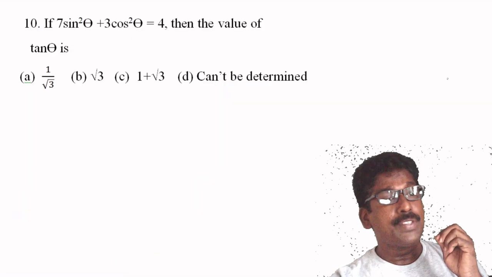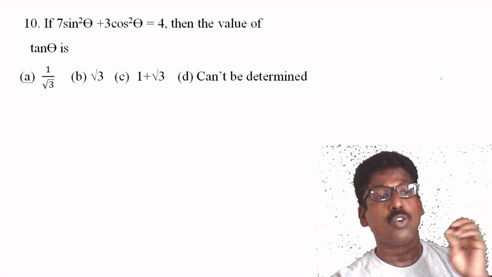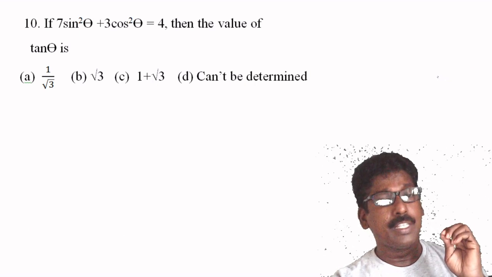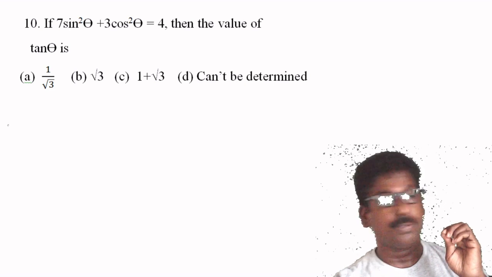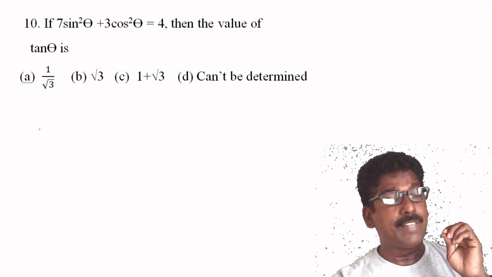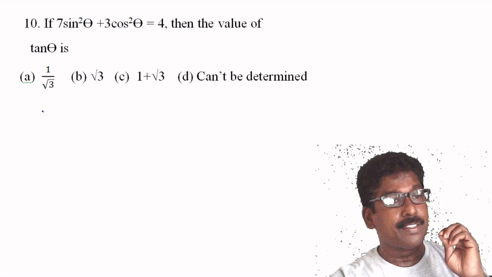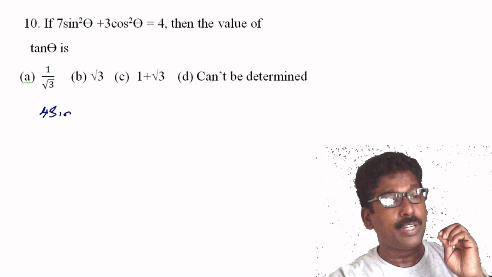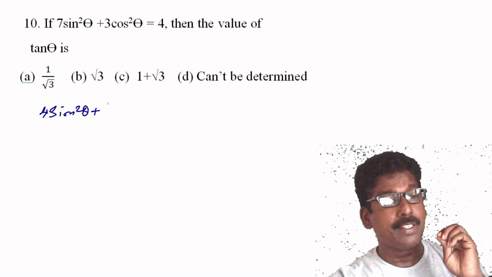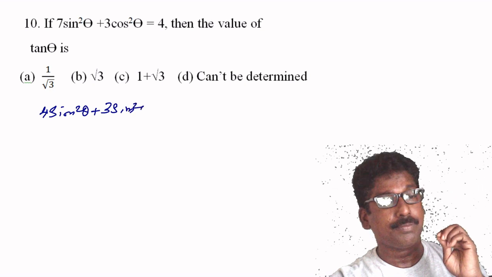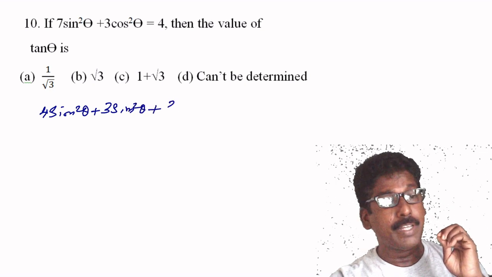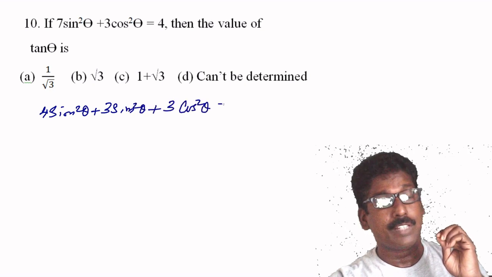Here 7 sin square theta plus 3 cos square theta is equal to 4. Then the value of tan theta is equal to, you know, 7 sin square theta you can write it as 4 sin square theta plus 3 sin square theta. Again remaining 3 cos square theta is equal to 4.